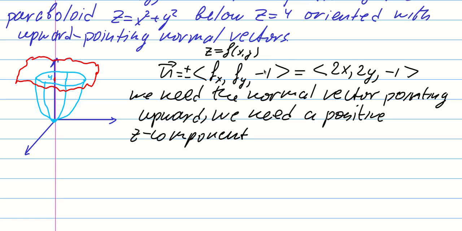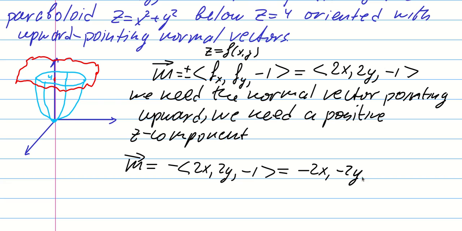So we have a negative one, we need a positive one. Let me call it m, because it's not a unit vector, it's just a normal vector, but we need a unit normal vector. So m in our case will be negative 2x, negative 2y, positive 1 if we distribute this minus through the vector.